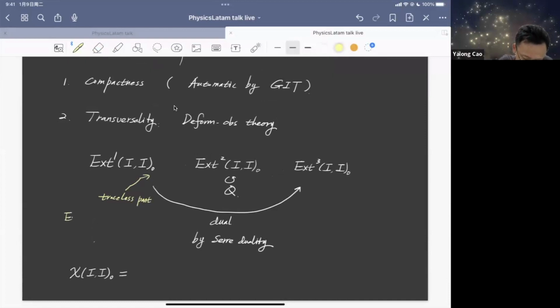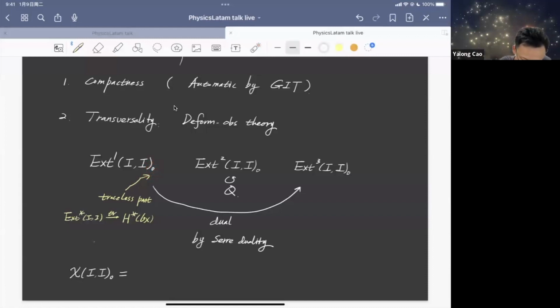In general, this Ext group has a trace map to this H star of O_X. Then just consider the kernel of this map. The kernel is called the traceless part, denoted by this notation.